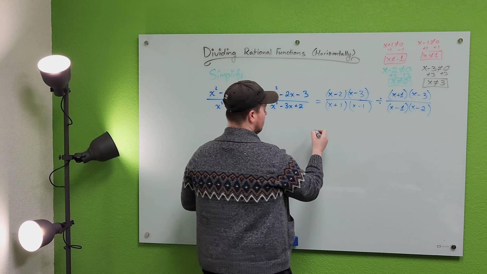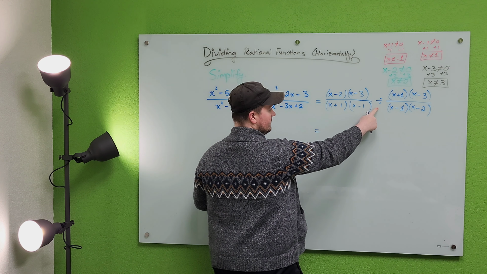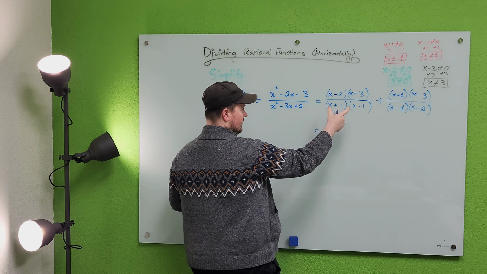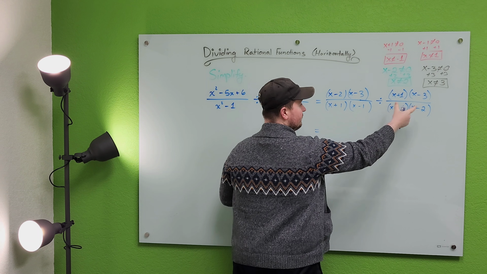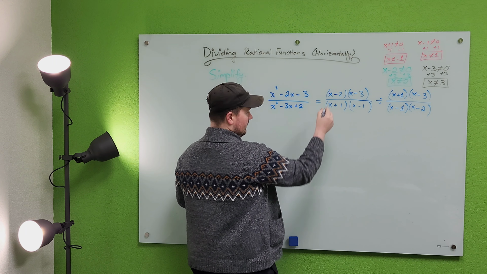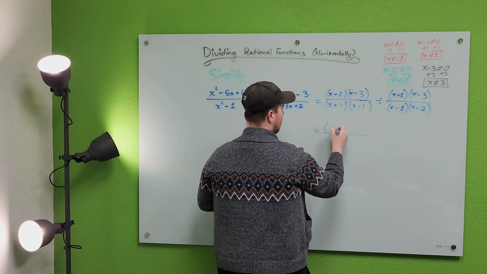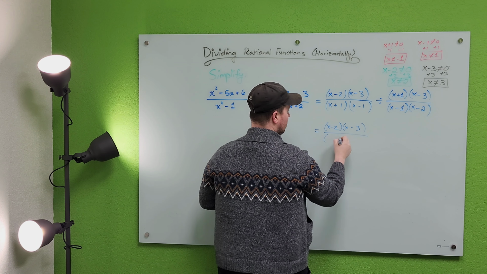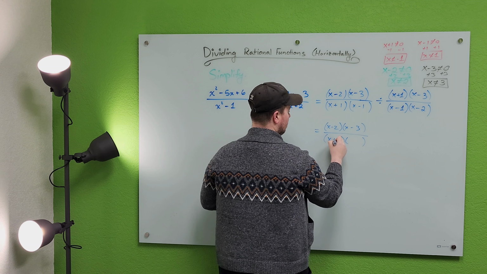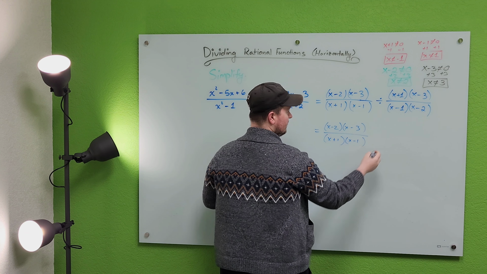Whenever you have this division symbol, you keep the first fraction the same, change division to multiplication, then you take the reciprocal, or you flip the second fraction. So if we keep this one the same, we're going to have x minus 2, x minus 3 over x plus 1 times x minus 1.